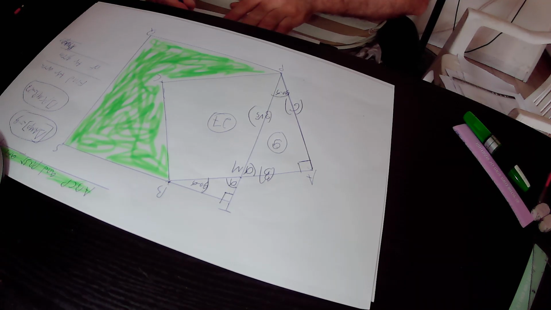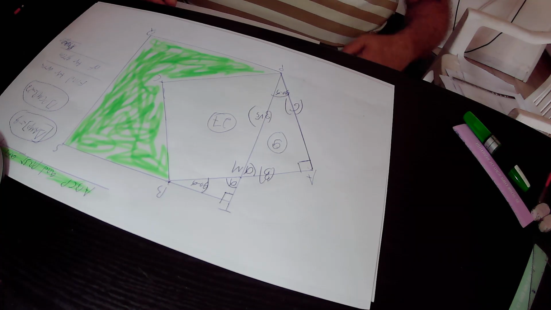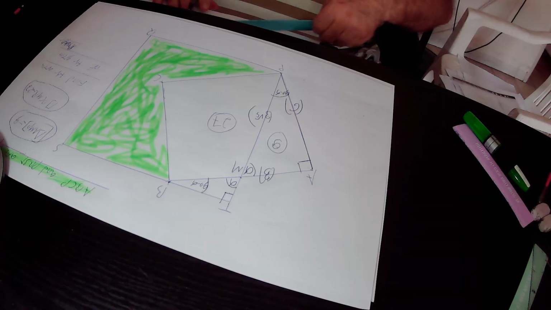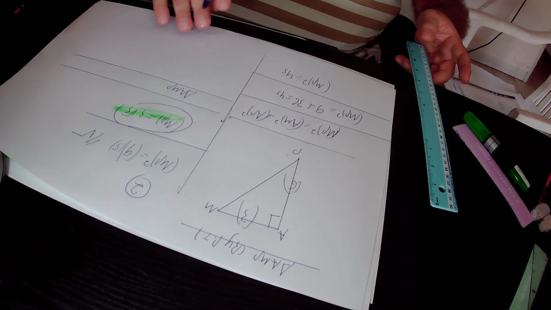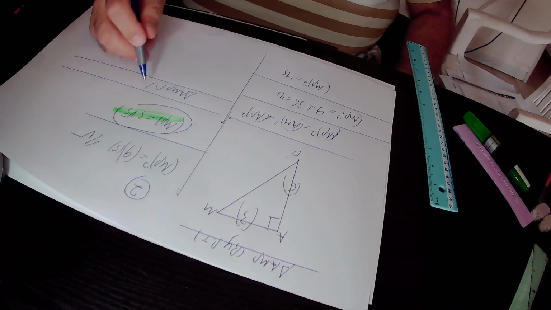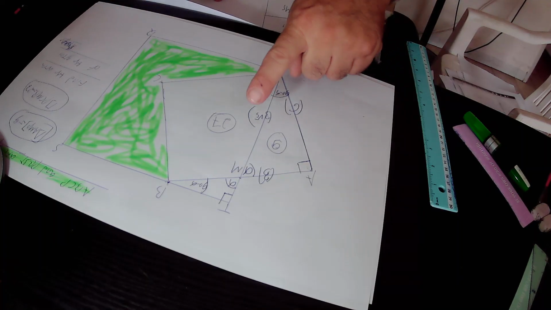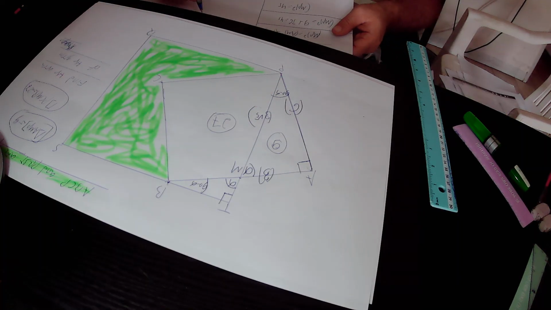We actually found out that the big right triangle AMP is similar, this is the sign of similar, to the small right triangle TMB according to the angle similarity rule.